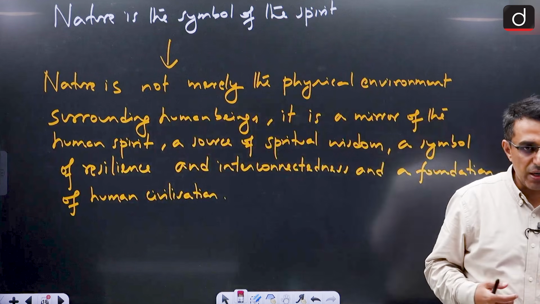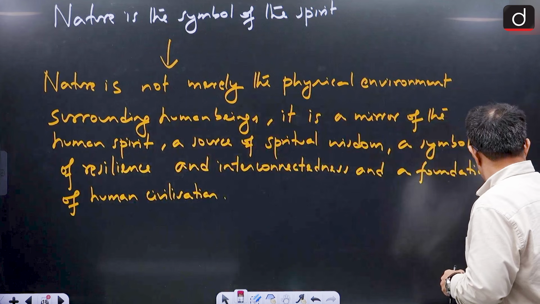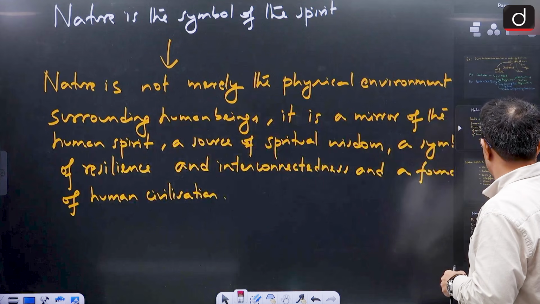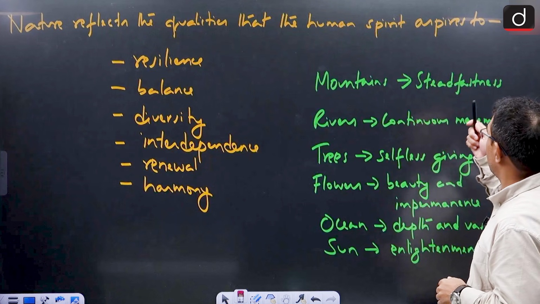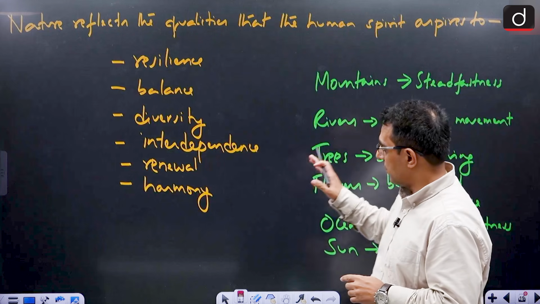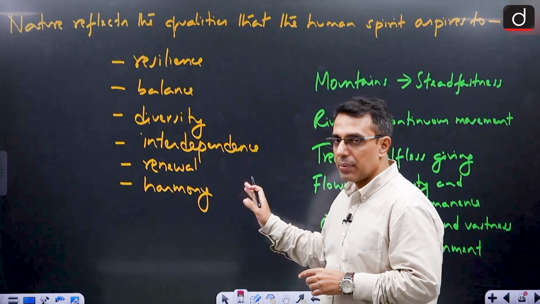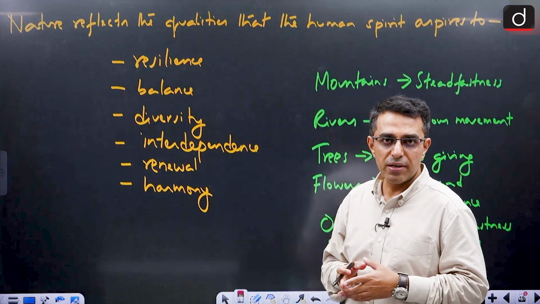Sometimes we see nature and we can learn so many things from it, right? For example, nature reflects the qualities that the human spirit aspires to: resilience, balance, diversity, interdependence, renewal, harmony. All of these qualities we can see around us in nature.